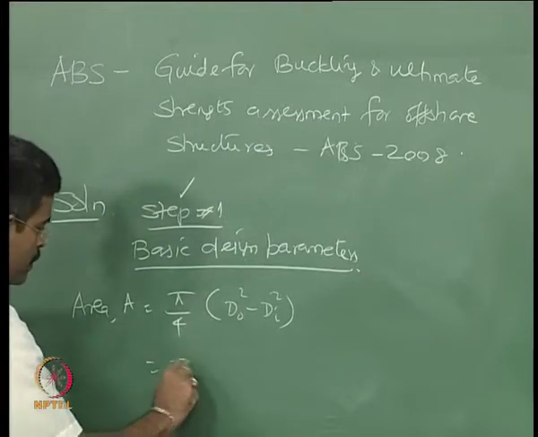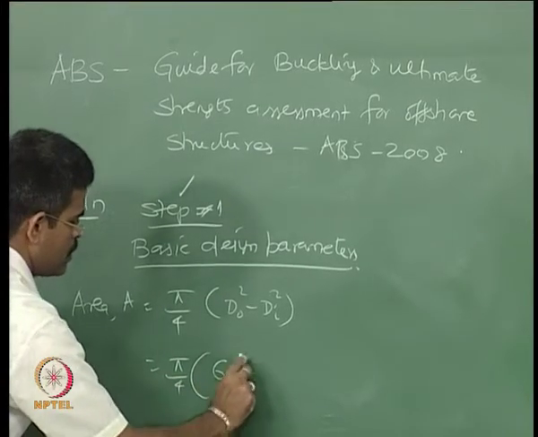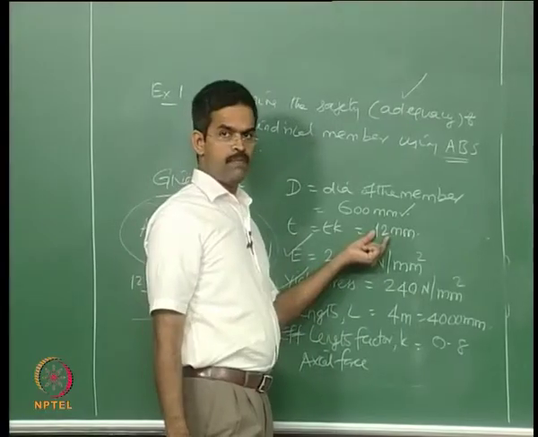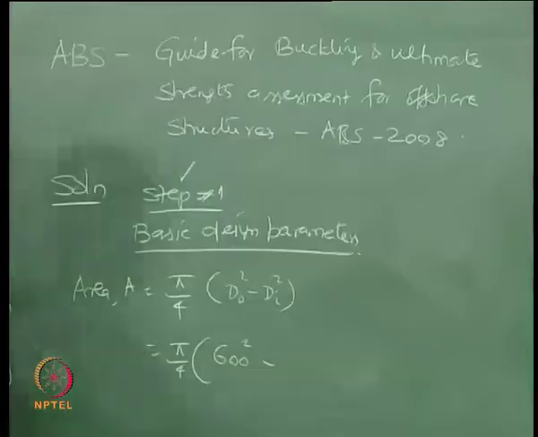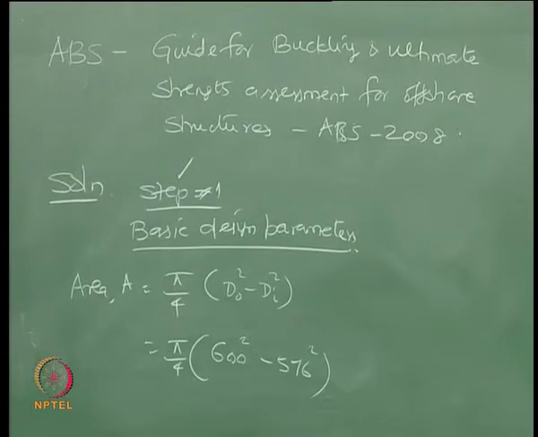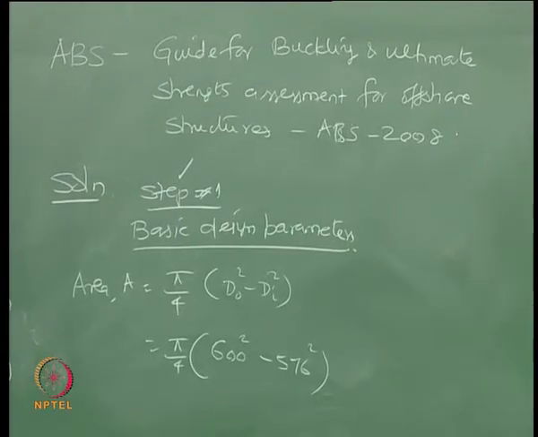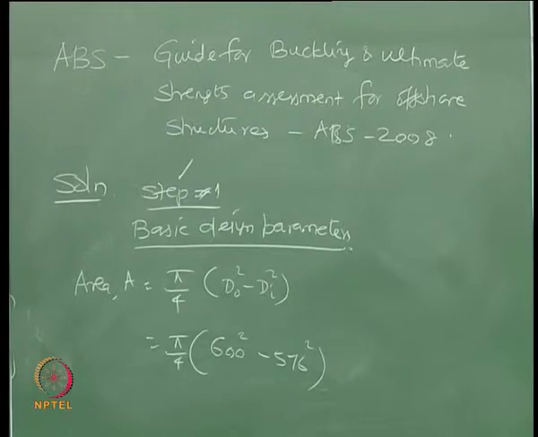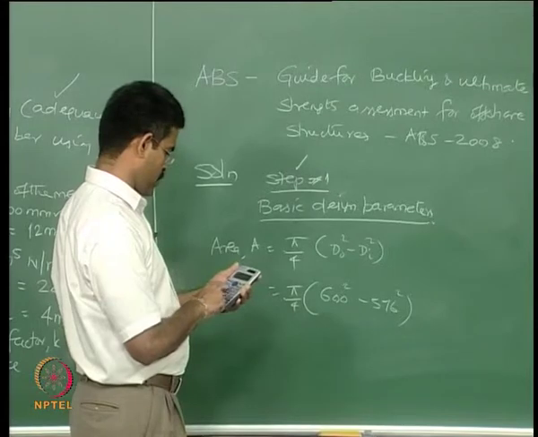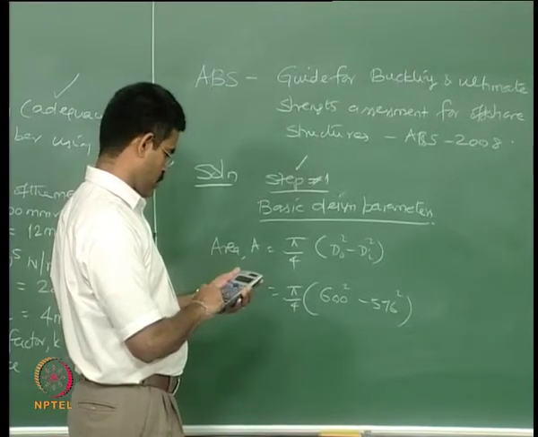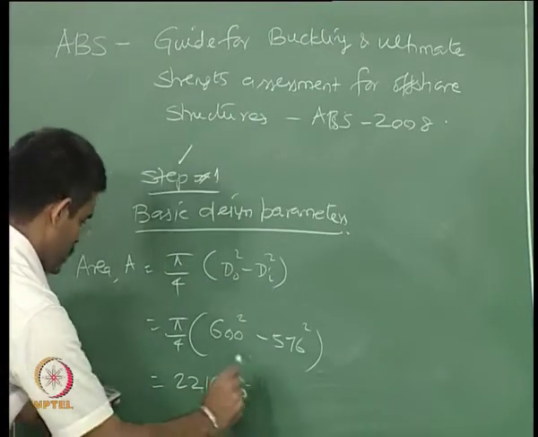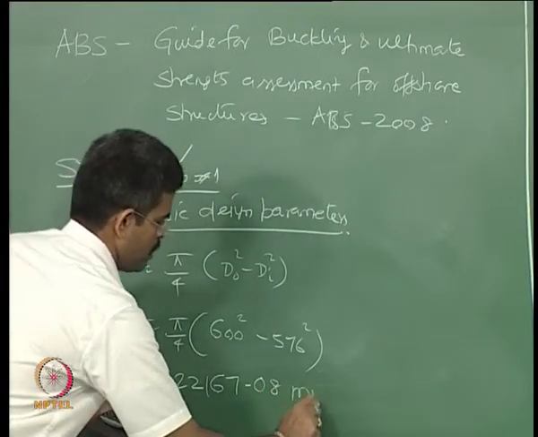So let us say 600 square. The thickness of the member is 12 millimeter, so both the sides 24. So I should say 576 square. So 600 square minus 576 square into pi by 4, I get 22167.08 millimeter square.